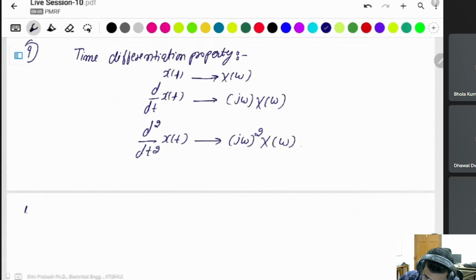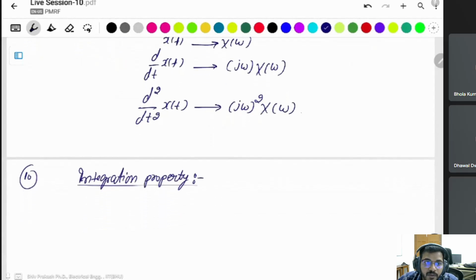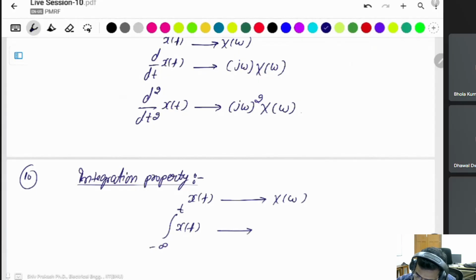Okay, the next property is the integral property. Same thing, the time domain has a Fourier transform of x omega, where there is an integration between minus infinity to t of x t dt.